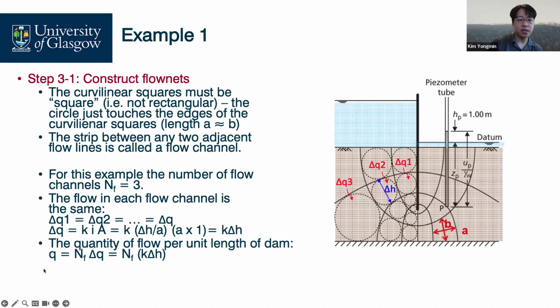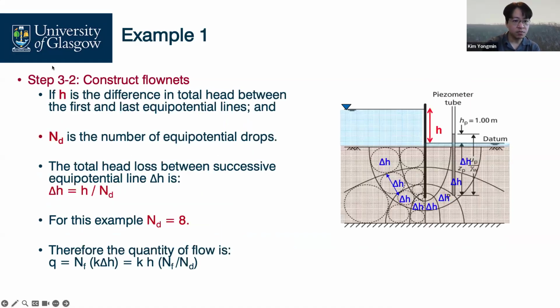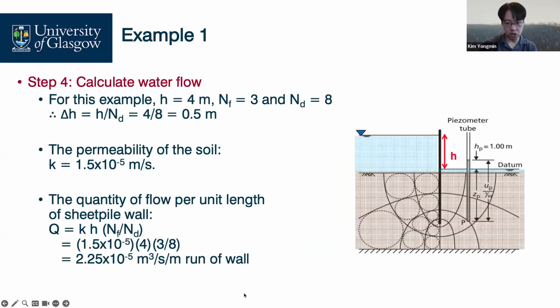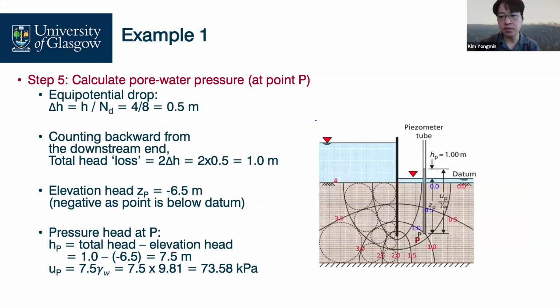Then we can calculate small q, KiA, but in this Flownet, we have certain specific equations with the incorporation of our Flownet geometry conditions. Then you can simply get certain numbers as the answers. You may want to consider this equation example at home, and then you can discuss further in our tutorial session, not this week's tutorial session, but next week.